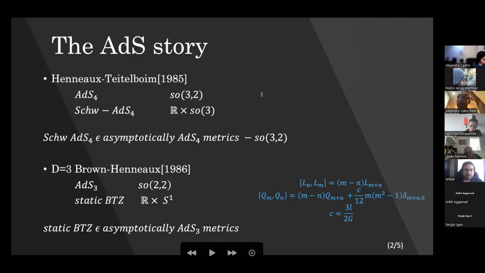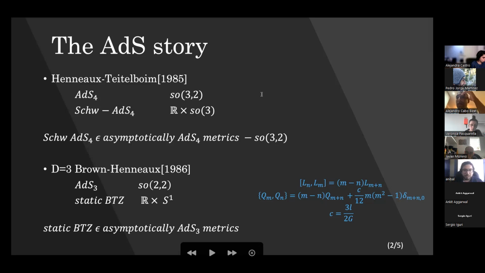Here you can see some examples, because I want to tell you that for all spaces that are asymptotically AdS, the holography is very well understood. For example, in AdS4, they have a symmetry group of SO(3,2).